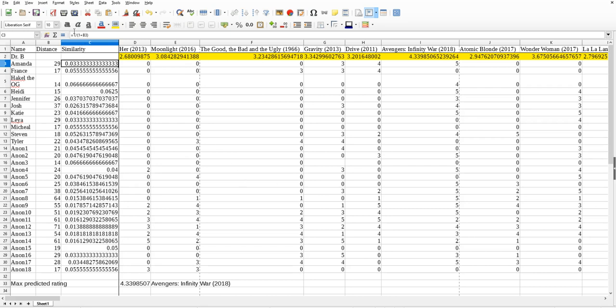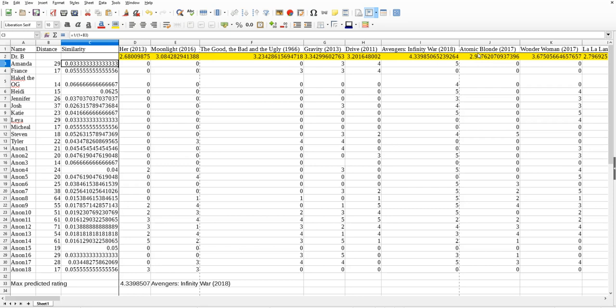But similarity is 1 over 1 plus the distance. And once we have the similarity for each user to me, the person seeking recommendations, we can weight the ratings given by each user according to their similarity to me to come up with an overall predicted rating for what I will think of each movie.